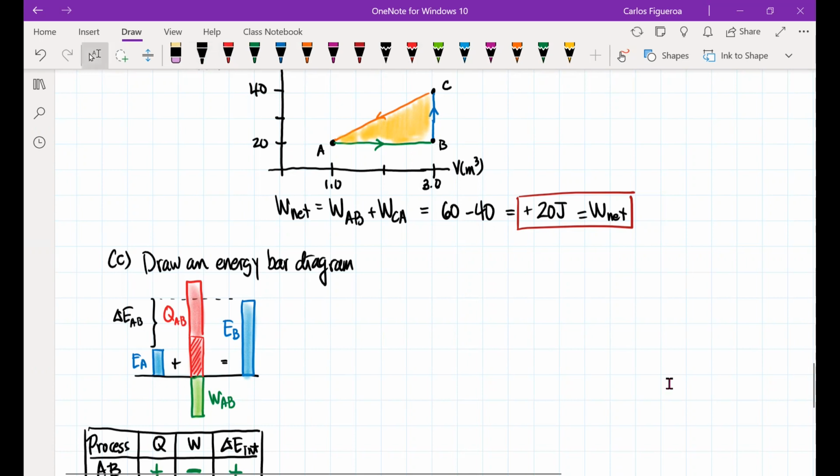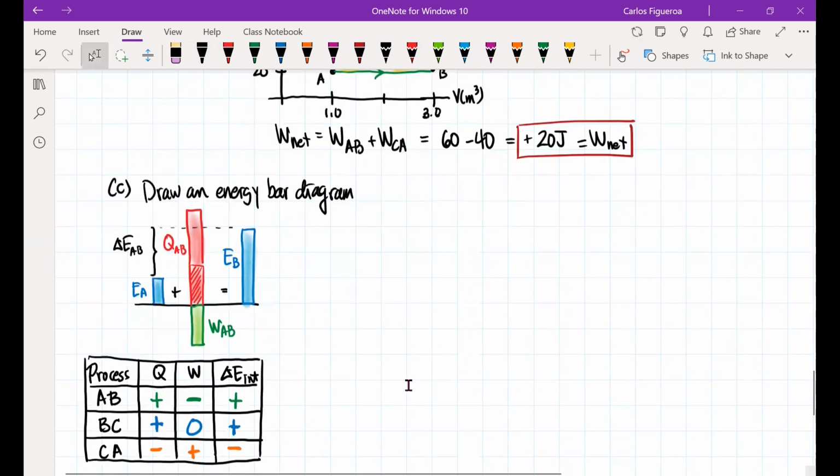Now look what happens. So now I'm at B, and at B, I'm now going to increase my internal energy. So when I look at this thing, I'm going to keep drawing my line here. All I know is that at this point, I have work from B to C, it's 0.